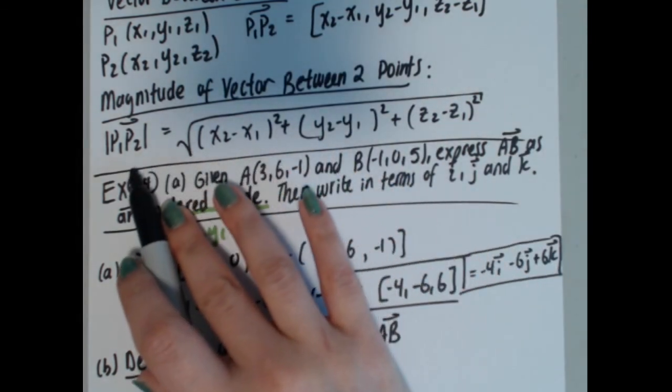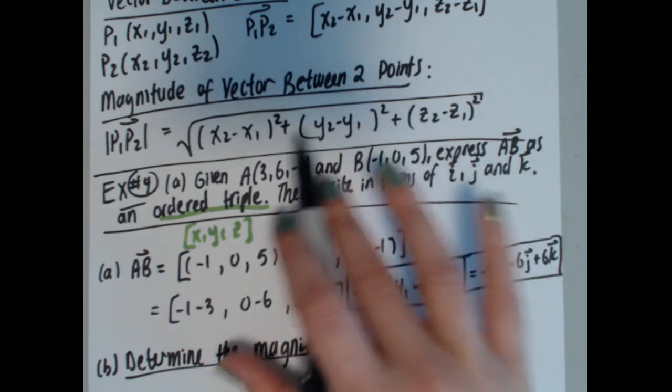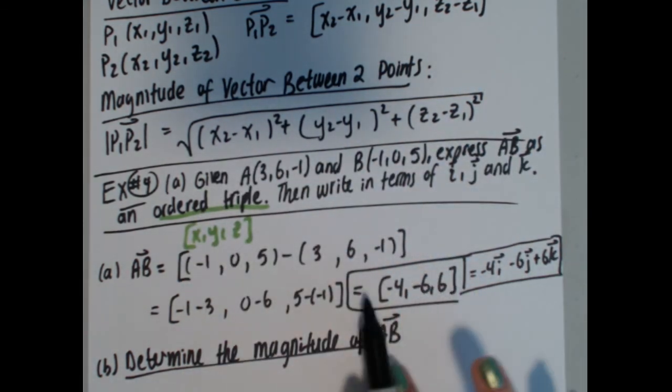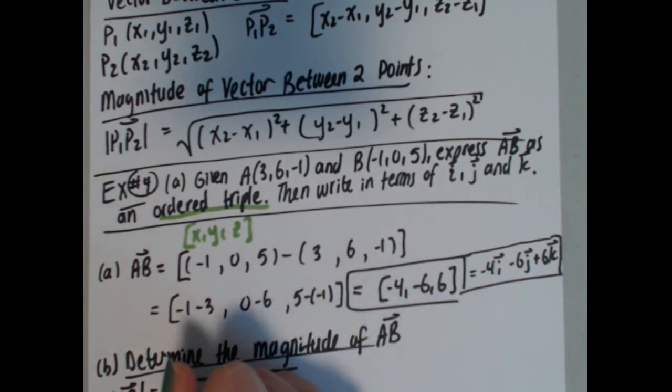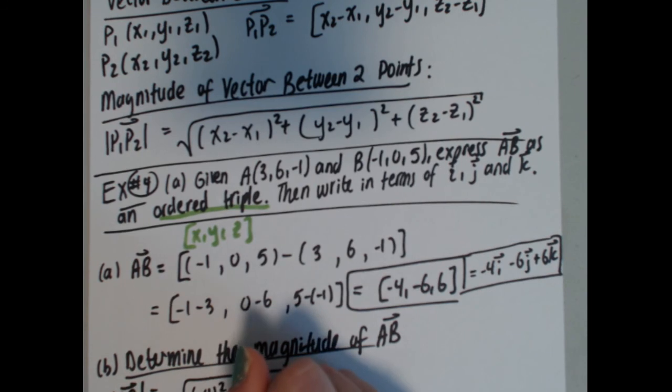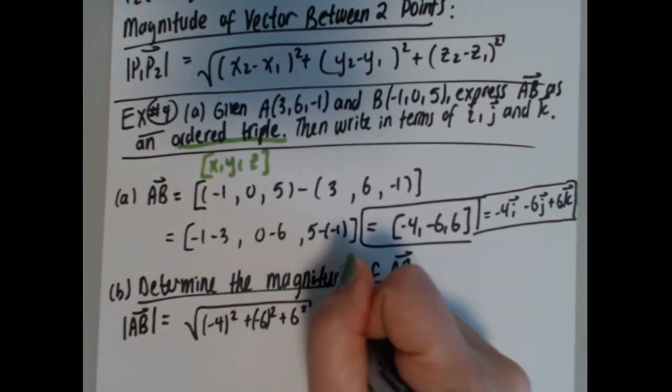For the magnitude of the vector between P1 and P2, add the sum of the squares of each component, and then square root the whole thing. Well, I already have the pieces here. So the magnitude of AB is going to be equal to the square root of -4 squared plus -6 squared plus 6 squared. Okay. So what does that equal?